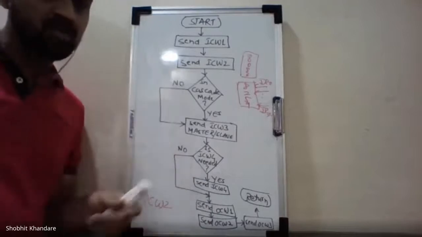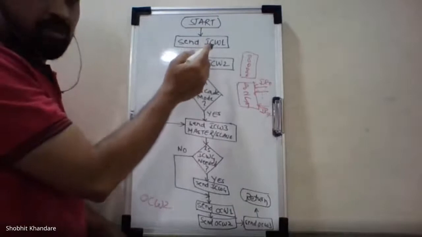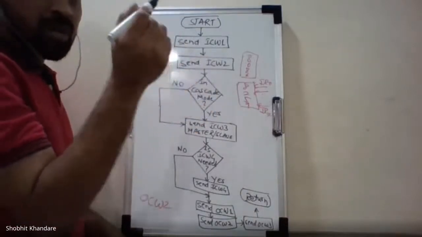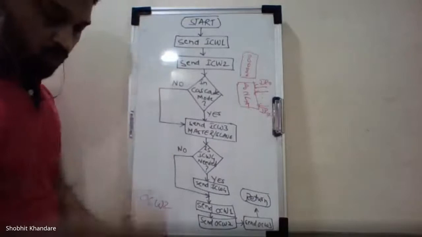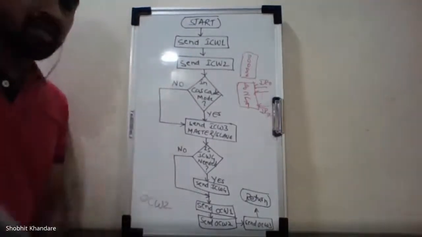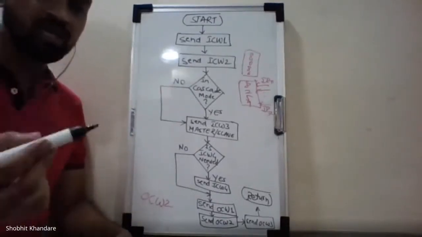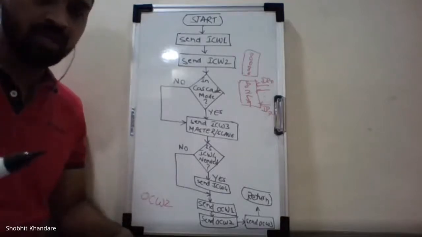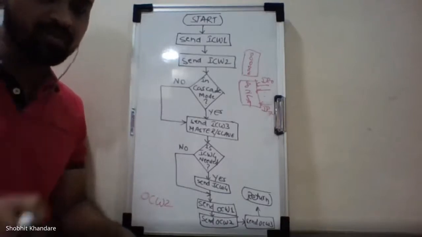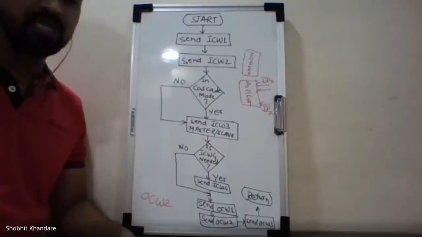Now we'll start with the flowchart. Send your ICW1. So I want everyone to see the ICW1 format. All of you please see the ICW1 format. So when your 8086 is sending the initialization control word ICW1 to 8259, 8259 will understand the first bit: ICW4 चाहिए या नहीं चाहिए.